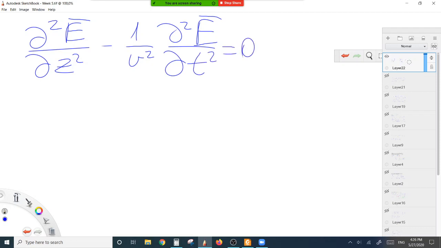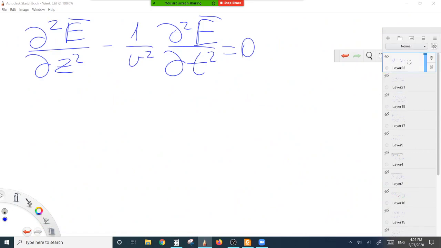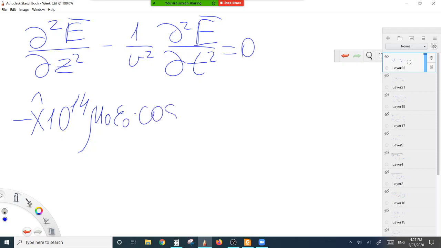Okay, d squared E over dz squared is equal to this: minus x 10 to the 14 mu 0 epsilon 0 multiplied by cosine.